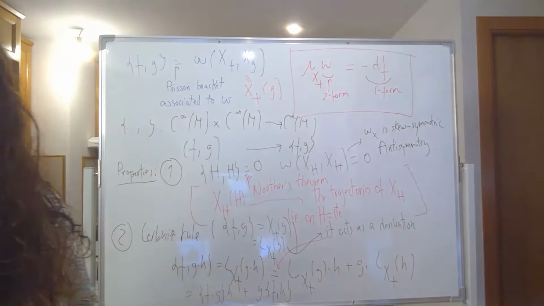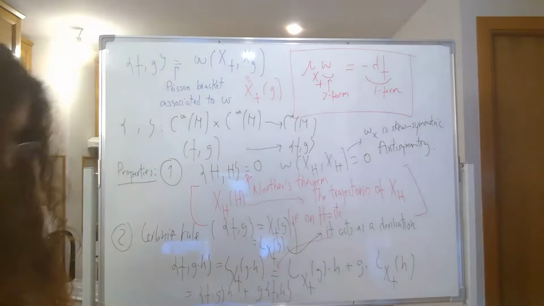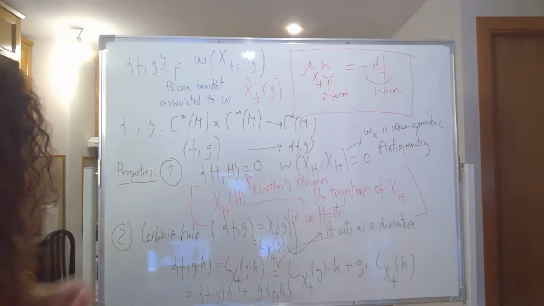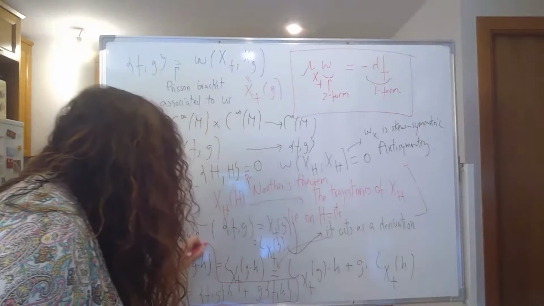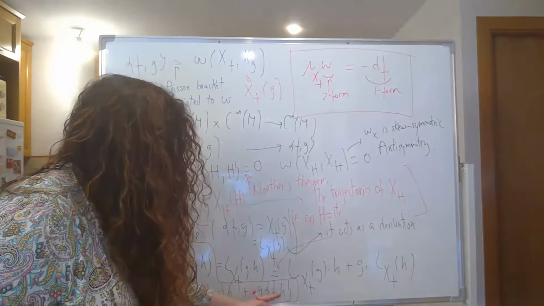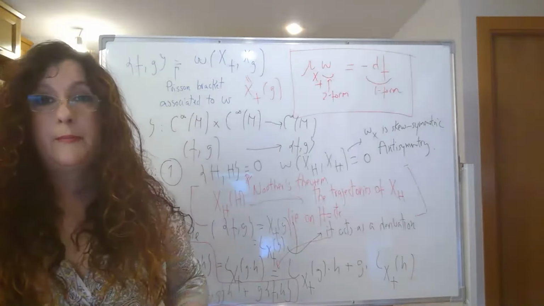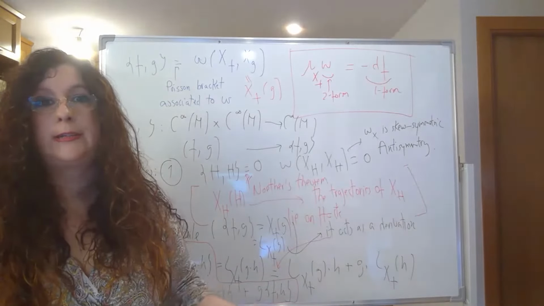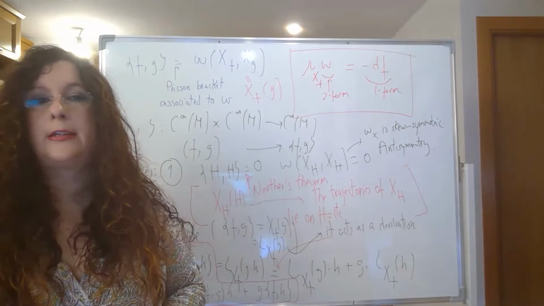You can read this formula. Yes, I can see it on my screen. That's the formula that I can call Leibniz rule. If I put the g multiplying before or after this bracket, it is the same because the product of functions is commutative. Okay? Any questions at this point?